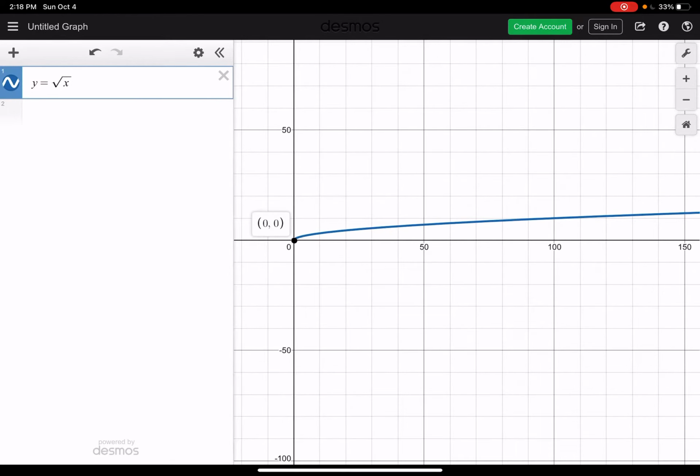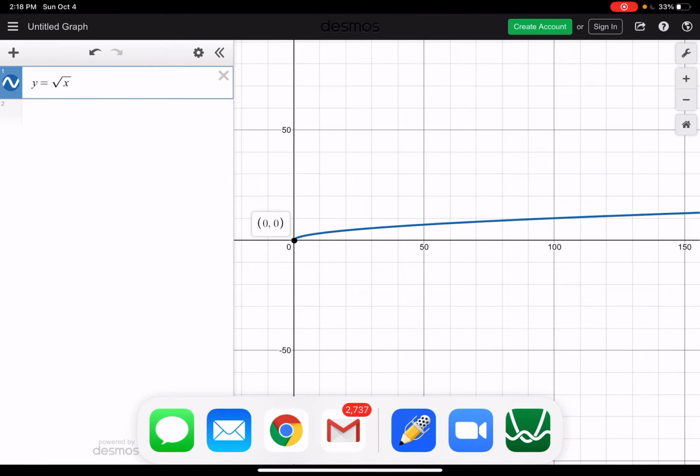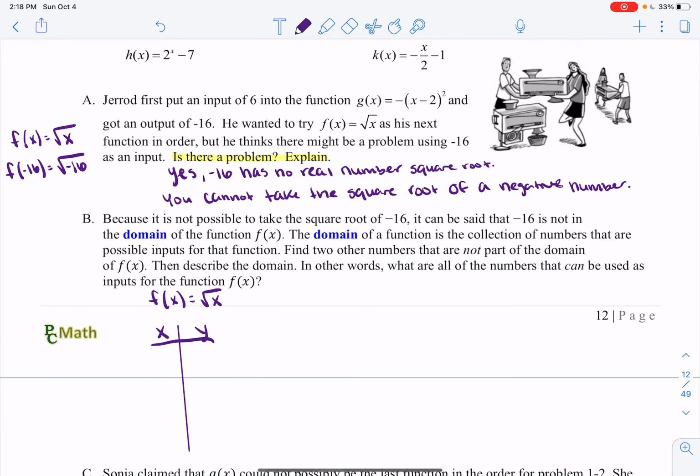Well, we're only using numbers that start at 0 and then up from there. So notice all of these numbers, are any of them negative? No, these are all positive numbers. So that tells us a lot about our domain and our range, but right now we're just talking about the domain. So we can start with 0 just like it did and go up with any positive numbers from there.